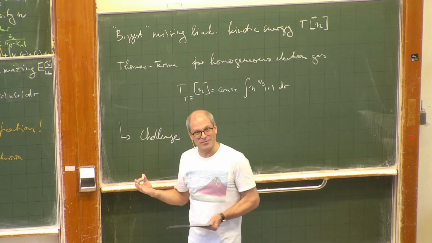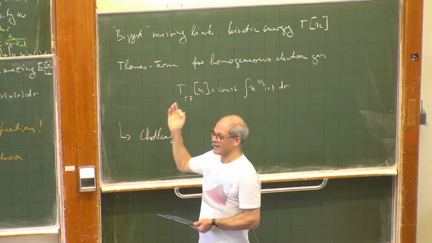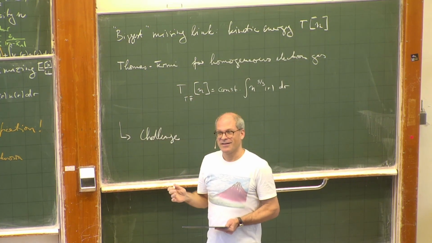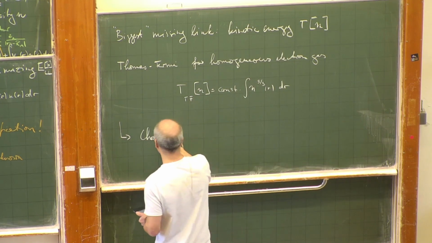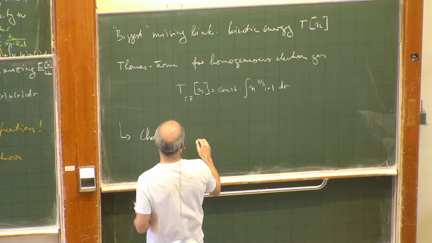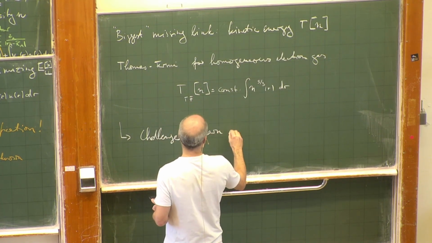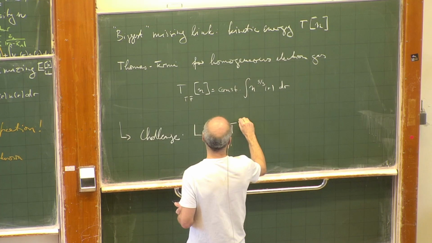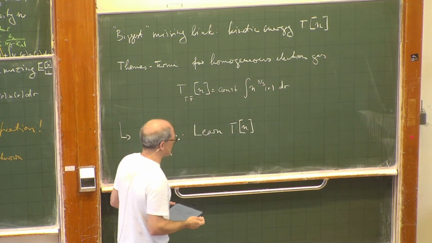Not saying it's impossible, might come out tomorrow, but Thomas and Fermi tried, and Dirac tried, and Weizsäcker tried, and they were not exactly dumb. Yeah. So the challenge is for machine learning in this case to learn this kinetic energy associated with an electron density.